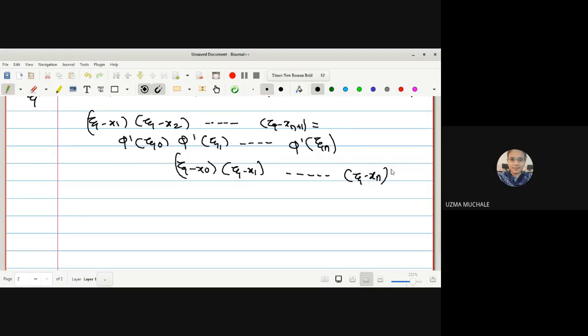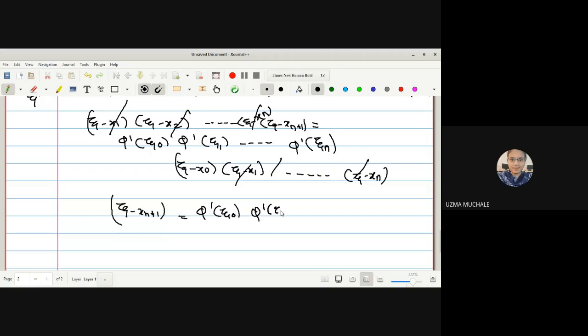So how many terms are going to cancel? Zeta minus x1 with zeta minus x1, zeta minus x2 with zeta minus x2, and the term zeta minus xn will get cancelled with this one.